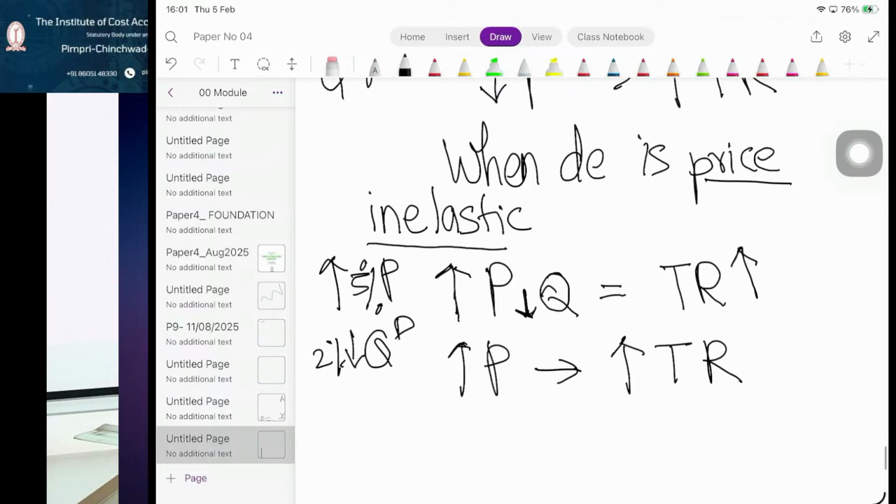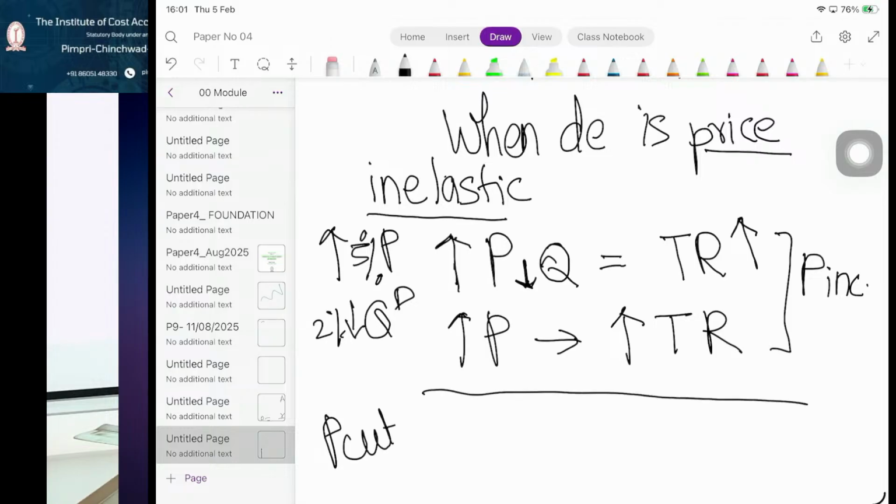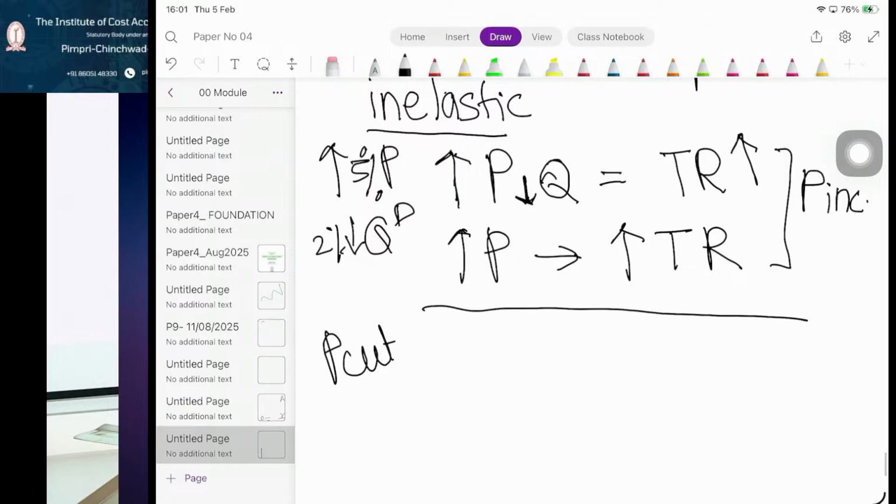The last result I want you to think on your own. This was a price increase. Imagine price is cut. What would happen to quantity?